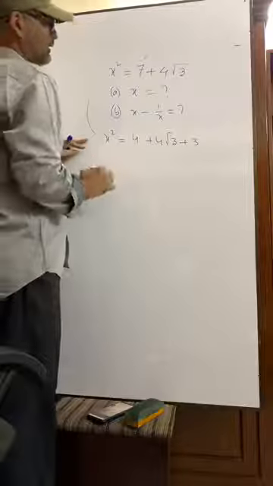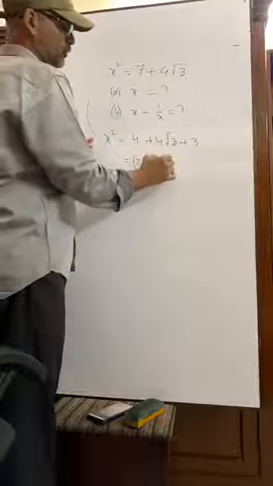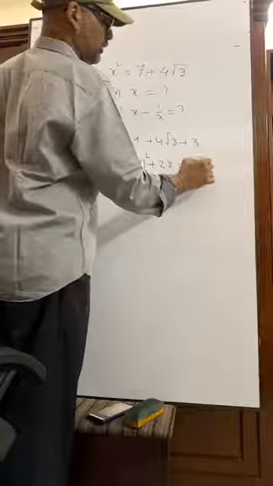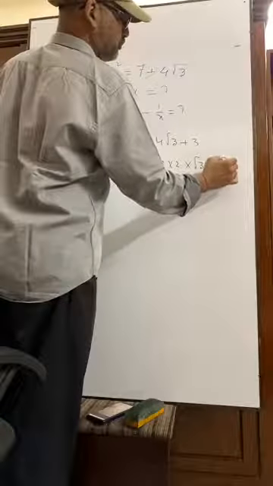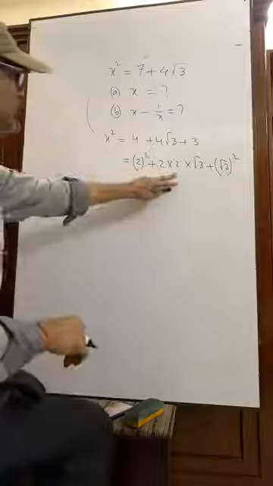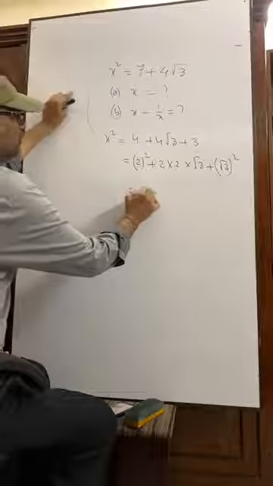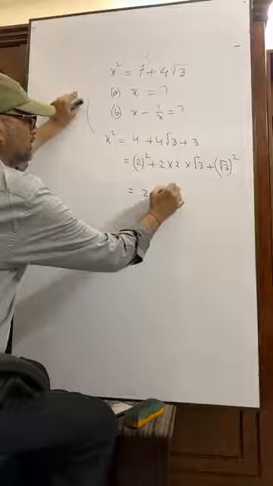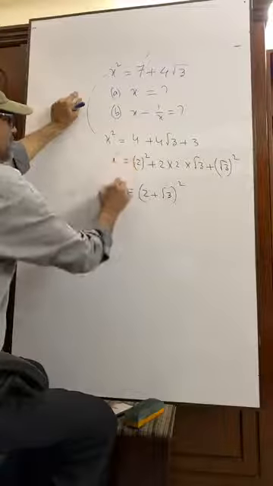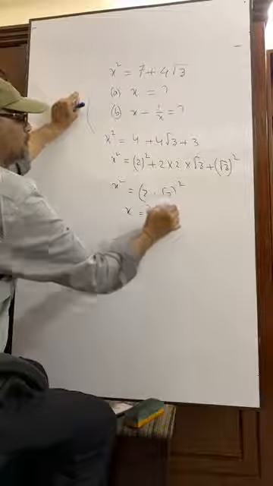That means 2 square plus 2 into 2, 2ab, into root over 3 plus root 3 whole square. You see, 2 times 2 is 4 root 3. Now we get it like this: 2 plus root 3 whole square. Therefore, it was x square, right? So what is x? x equals 2 plus root 3.